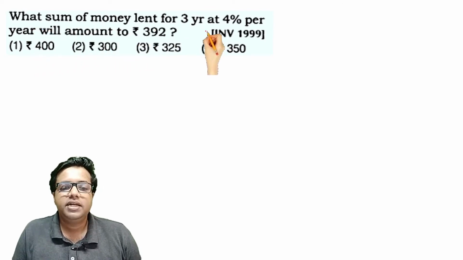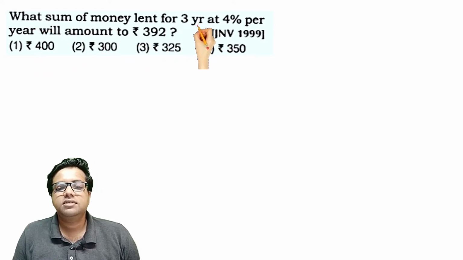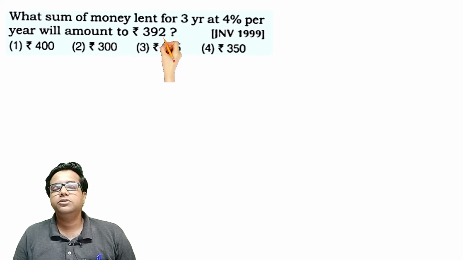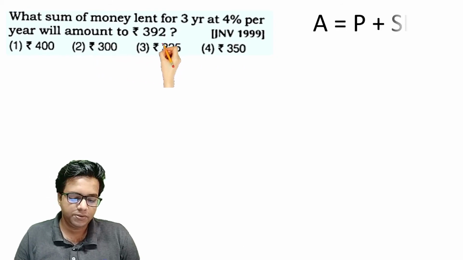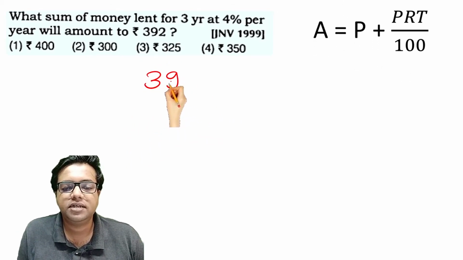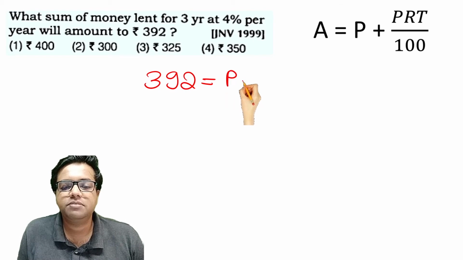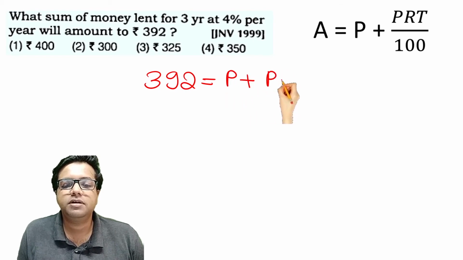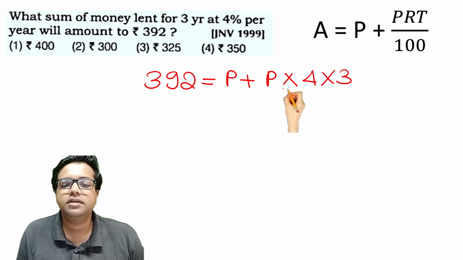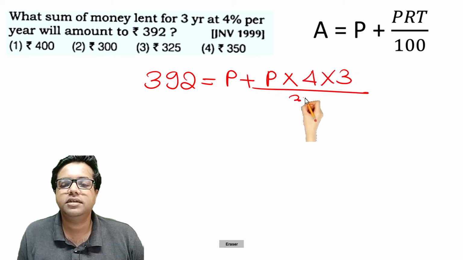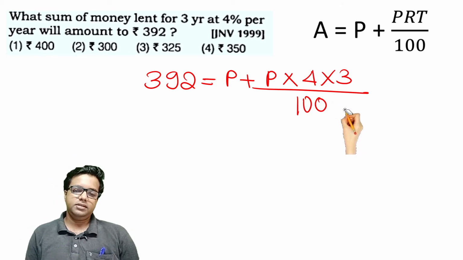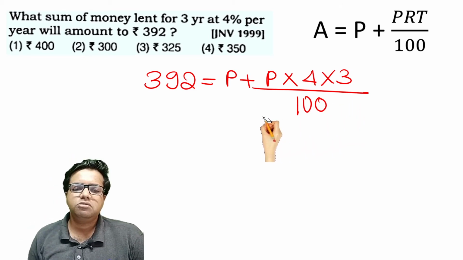What sum of money lent for 3 years at 4% per year will amount to 392? We need to find the principal here. The amount is given to us: 392 will be equal to principal, which we don't know, plus principal at 4% interest rate for 3 years, divided by 100.